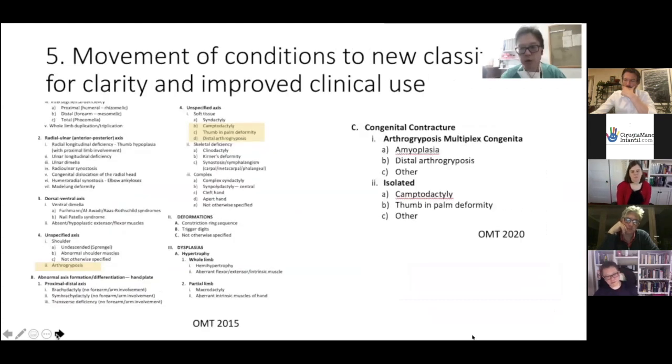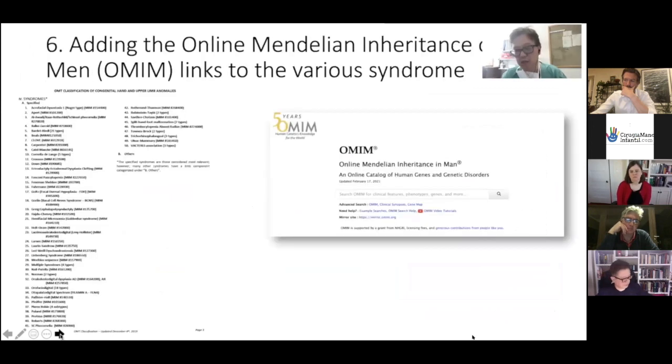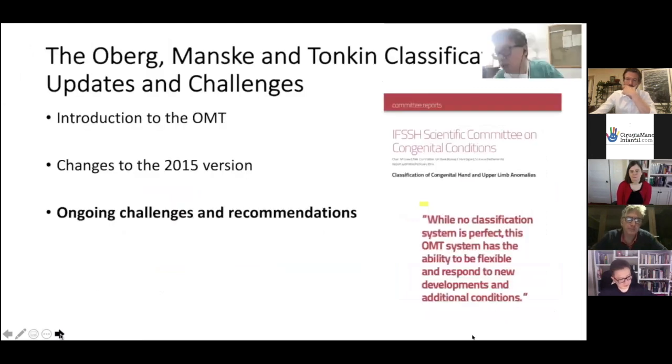And finally, a major addition is the OMIM link, as mentioned in the app, and this links to the syndromes and their subtypes. So these are the major changes. Please download the app.